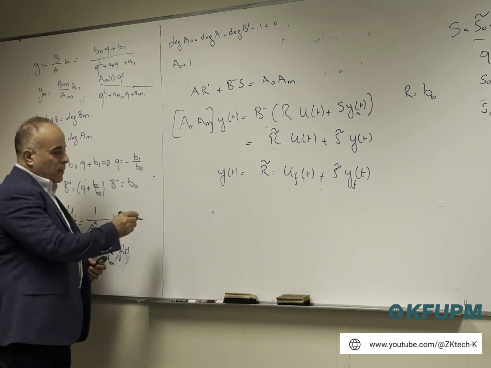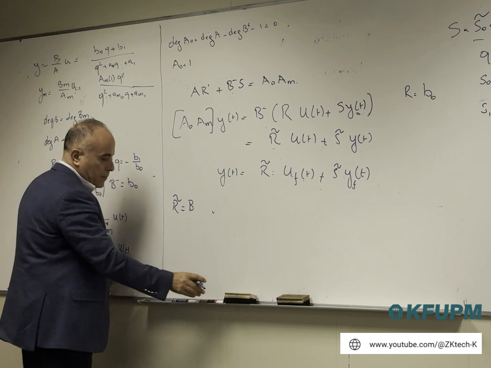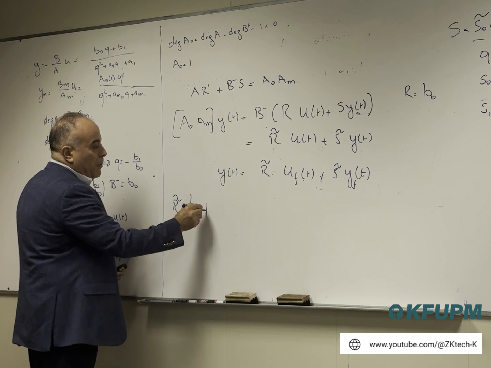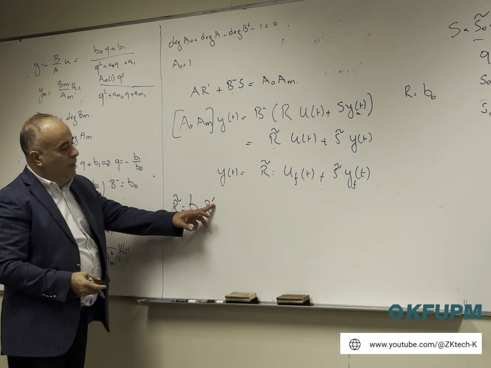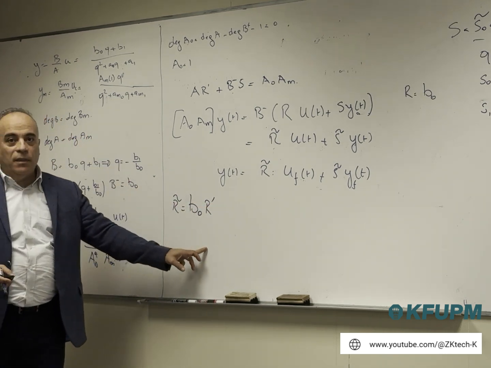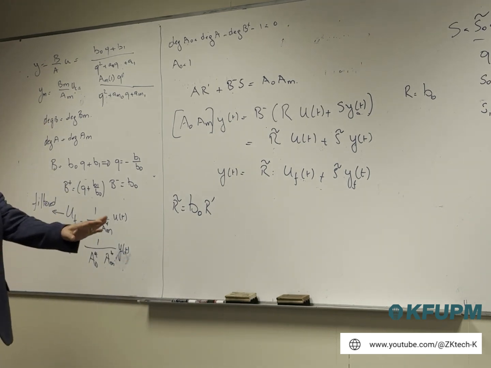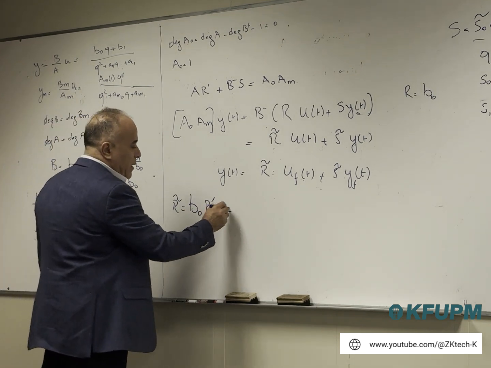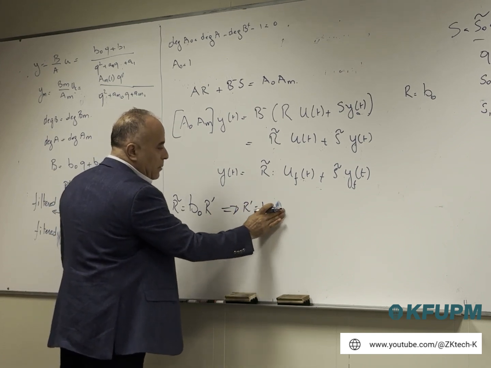So R tilde is equal to B0 multiplied by L prime, and in our case our value of R prime is equal to 1. So R tilde is basically B plus. If I identify R tilde, this is the value of B plus that I have.